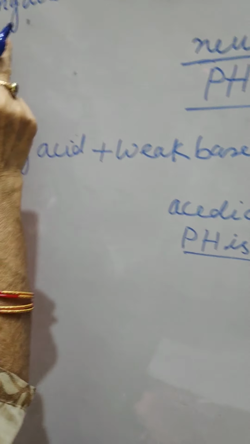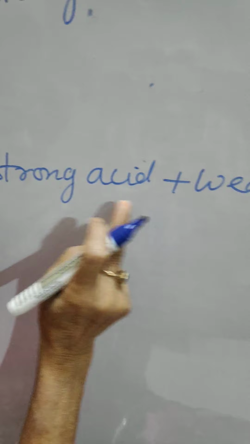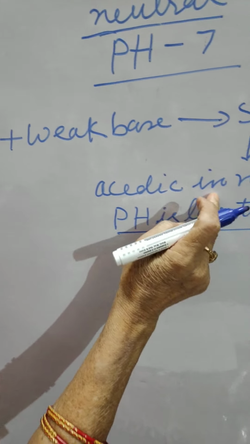Here you see, the strong acid and the strong base give a neutral salt, and here the strong acid and the weak base give a salt that is acidic in nature.